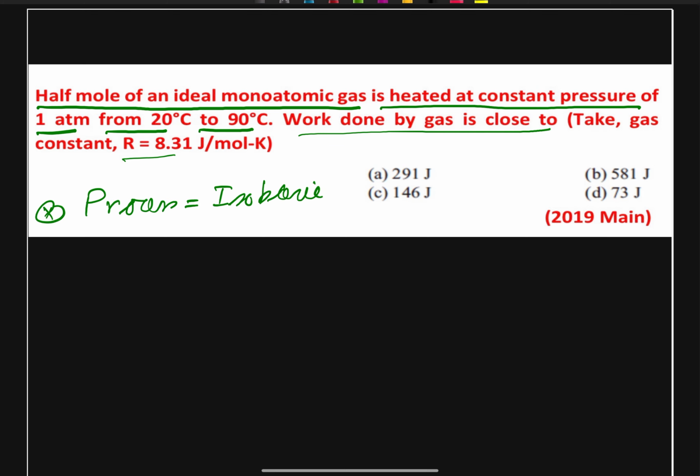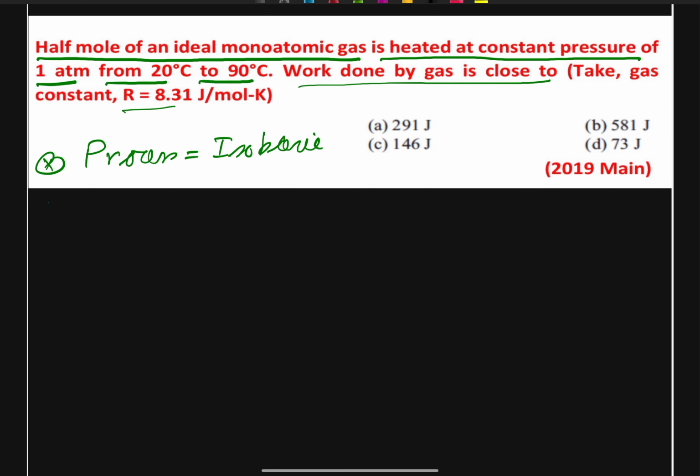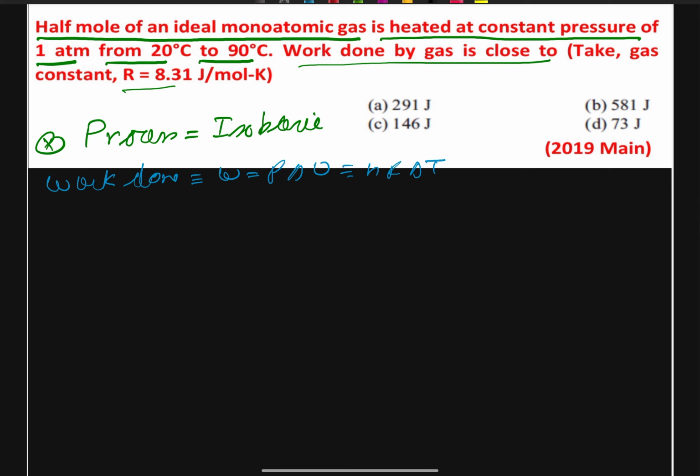We know that for isobaric the work done W is equal to P delta V, and in terms of the ideal gas equation we can write this will be equal to nR times delta T, and here T is our absolute temperature.